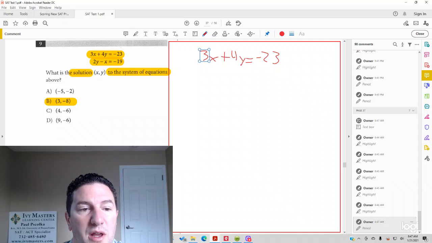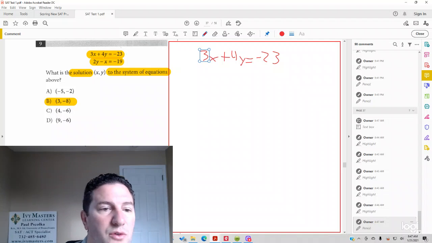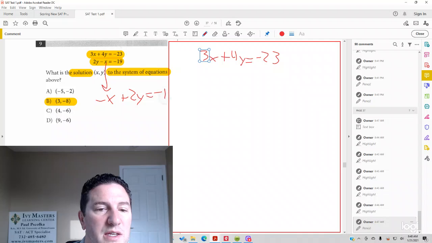So first, I'm going to switch the order, and then multiply the equation by negative 2. Switching this order would be negative x plus 2y equals negative 19. And then second, we said we want to eliminate the y. So I'm going to multiply this equation by negative 2.